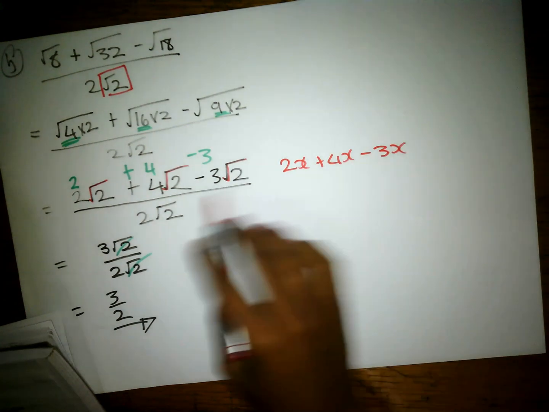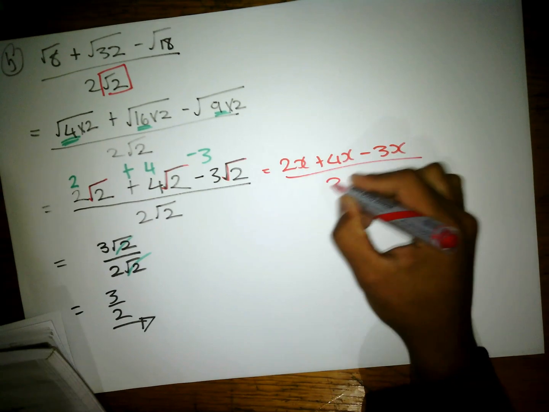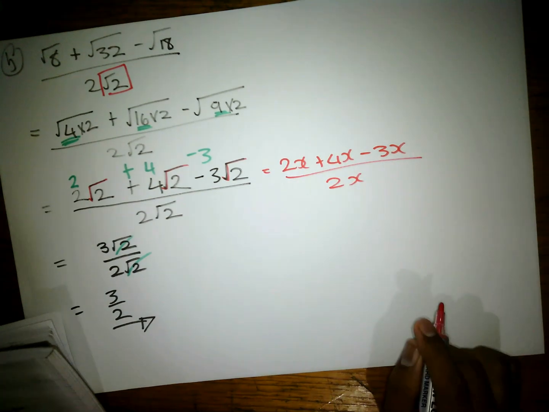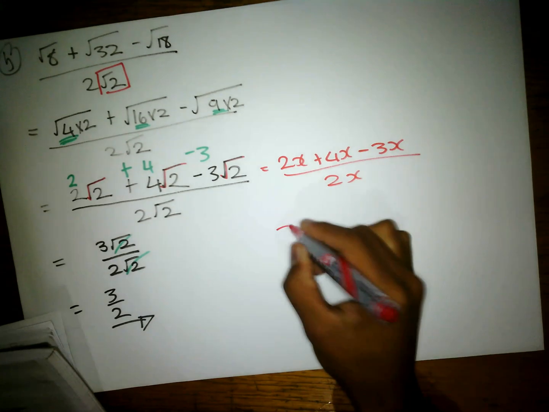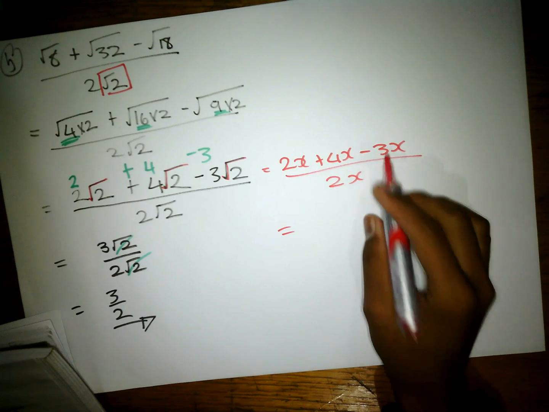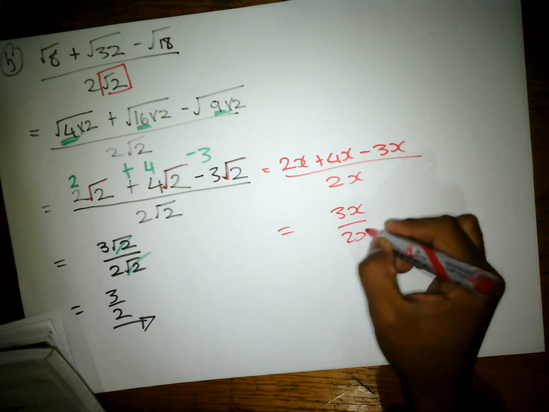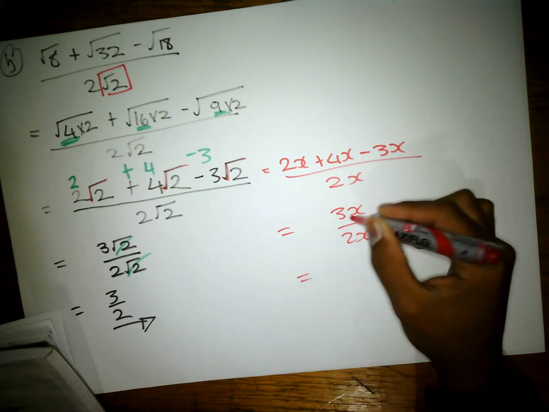This is all what it is. Then we're gonna have a 2x like that. So 2 plus 4x is a 6x, minus 3x is 3x.